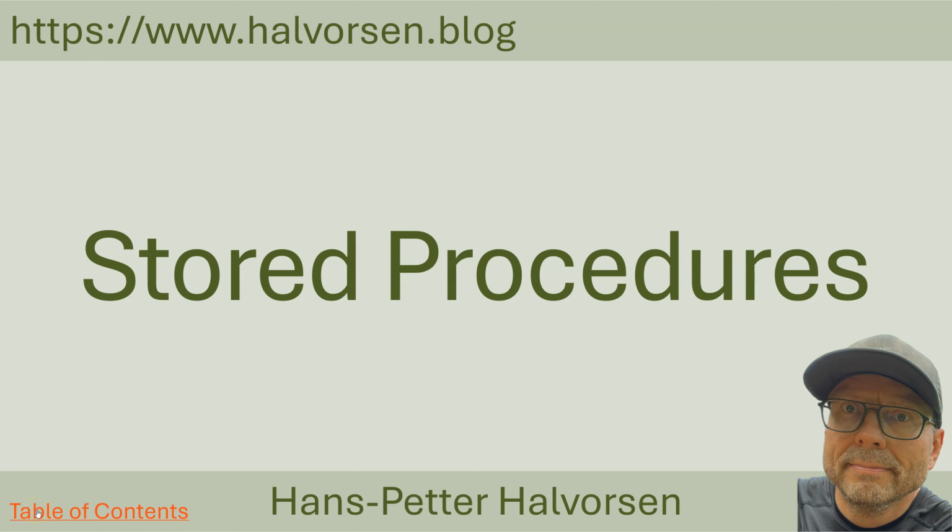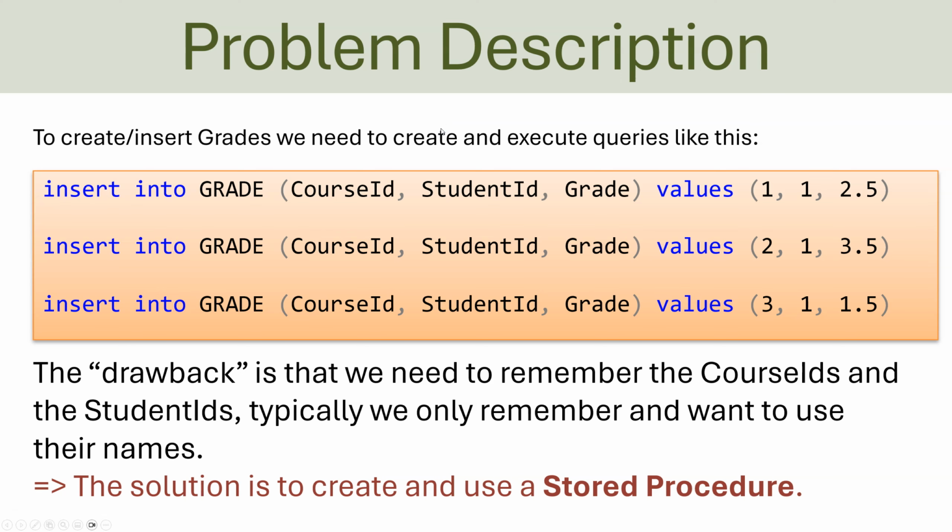In the next part of this tutorial, let's see how we can create and use stored procedures. So the problem is, in the previous part of this tutorial we were inserting some grades, and we needed to use insert into grade, and then specify the course ID, the student ID, and finally the grade. But typically you don't remember the different course IDs and student IDs, you remember the name of the course and the name of the student.